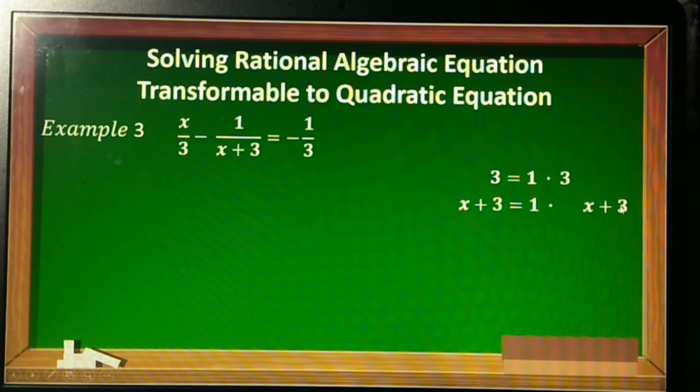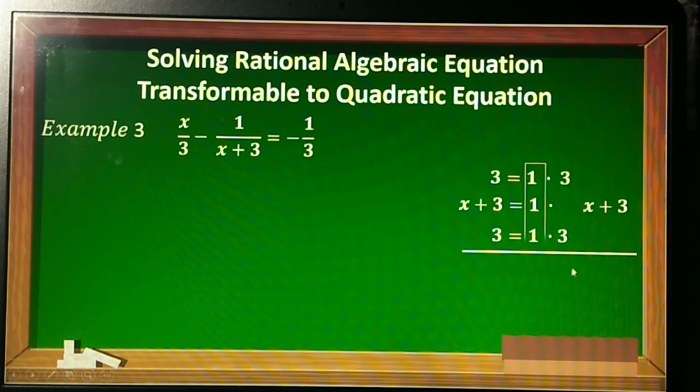So, hindi natin tinapat si 3 dito dahil magkaiba yan. Si 3 ay walang kasama. Ito si 3 naman may kasamang x. So, next again. So, 3 ay 1 times 3. So, ayan. Pinagtapat-tapat lang din natin ng may ka-pair or may katulad na factor. Then, group lang natin uli. Same process lang. Then, idadrag lang natin.